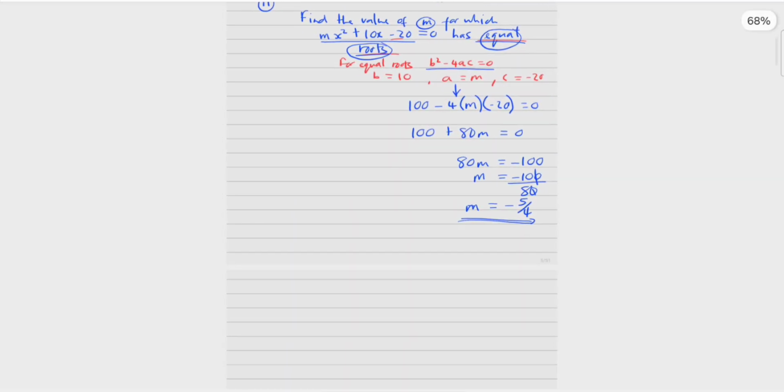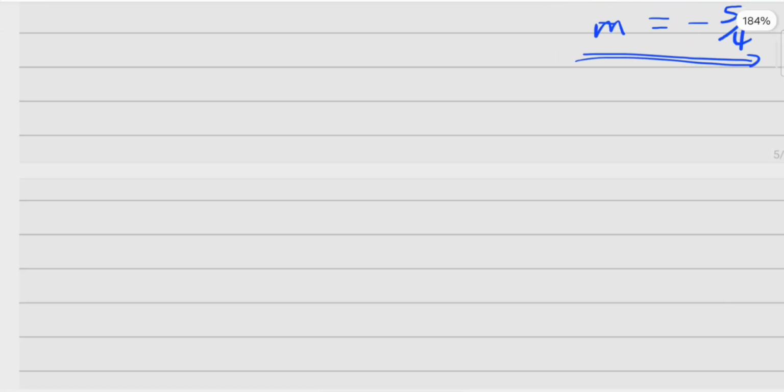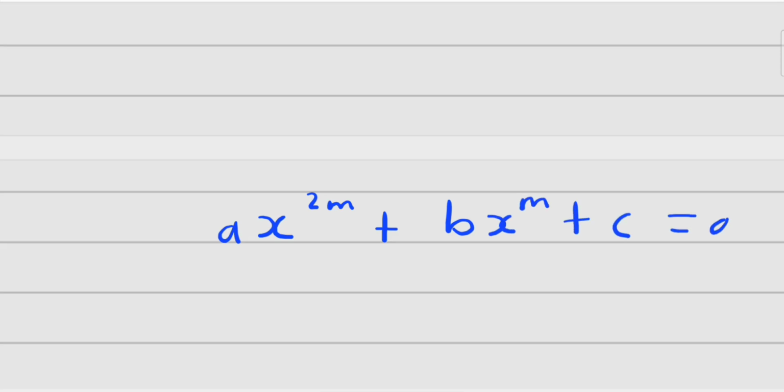Right, so from here, the last thing that we need to cover under quadratics for AS level is a concept known as disguised quadratics, right? And for that we get something like ax to the 2m plus bx to the m plus c equals 0.